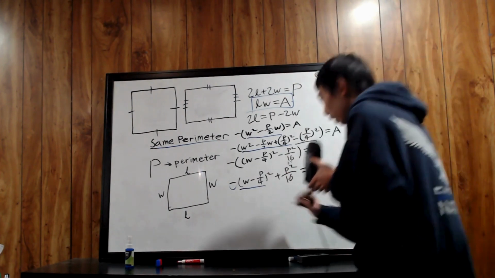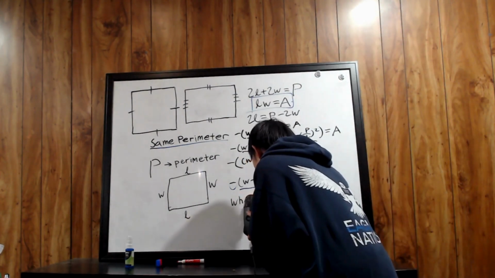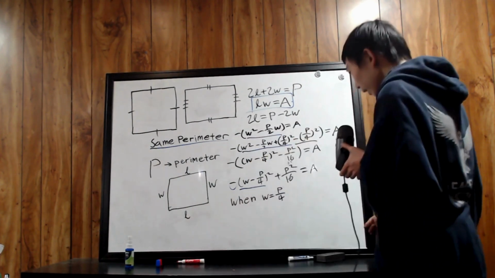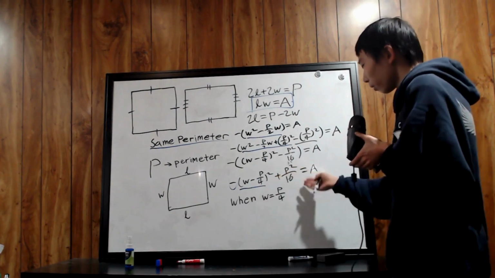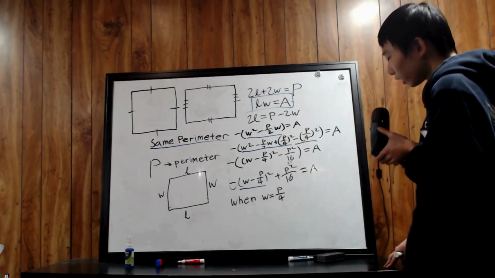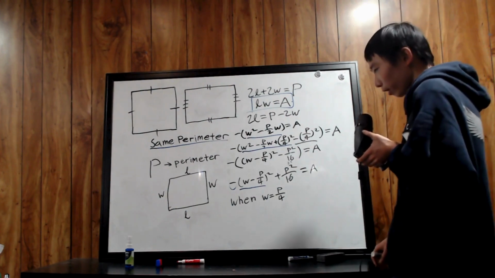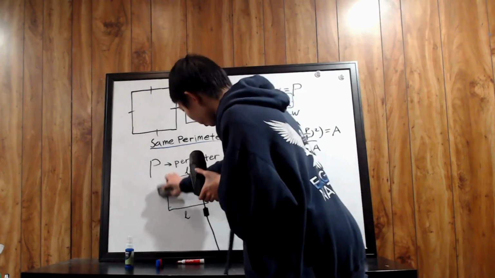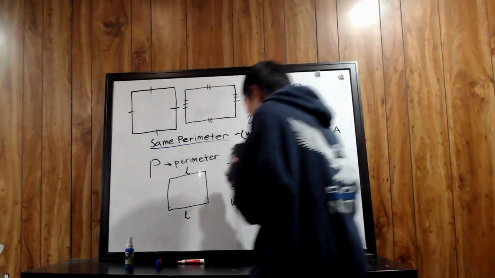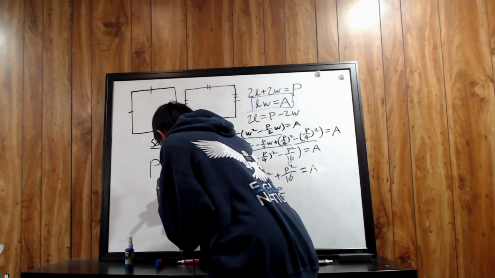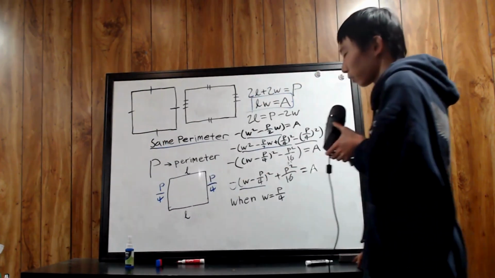When W is equal to P over 4, the A value will be maximized. So in order to have maximum area, this width must be P over 4, a quarter of the perimeter.